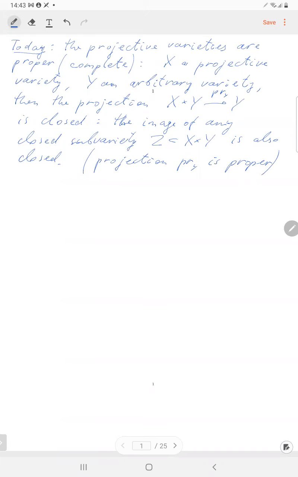Okay, so let's first see a counterexample. Say X is the same as Y and is just the affine line, and Z inside the product, that is inside the affine plane, is given by the single equation xy equals 1.